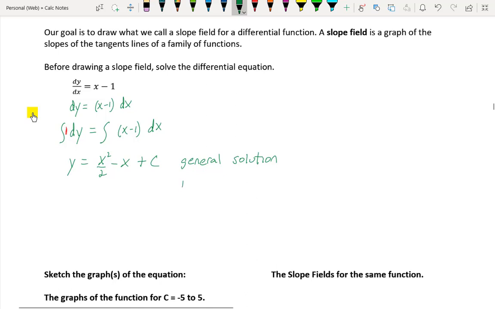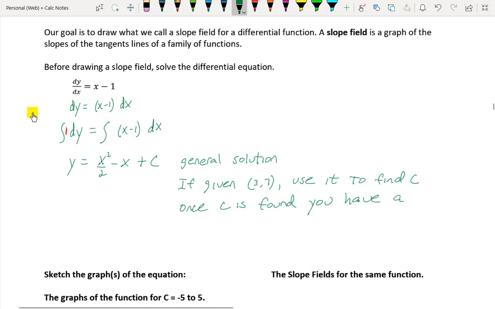So if given something like 3,7, okay, we'd use it to find c, and once we found c, then you would have what's called a particular solution.